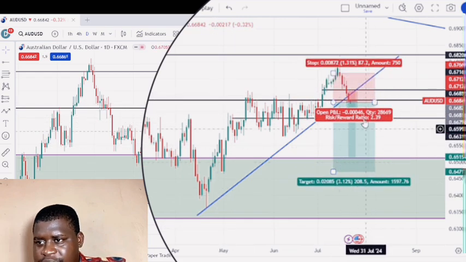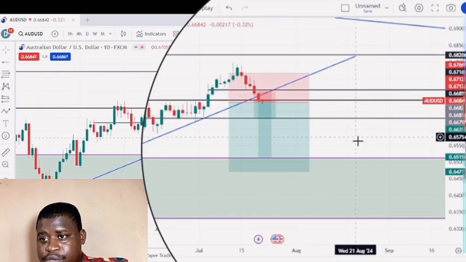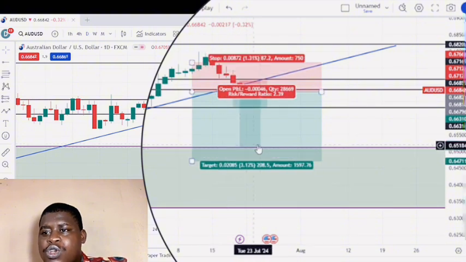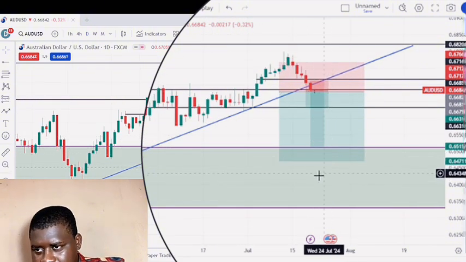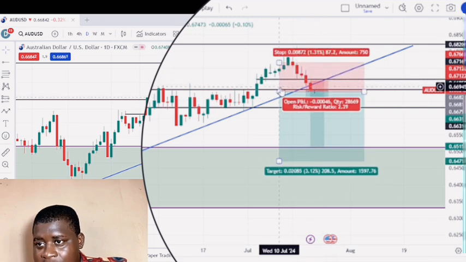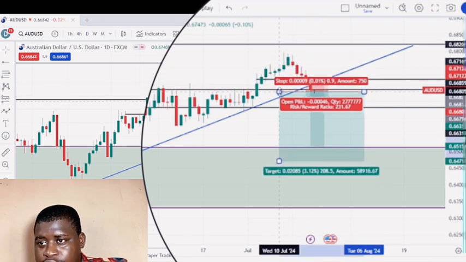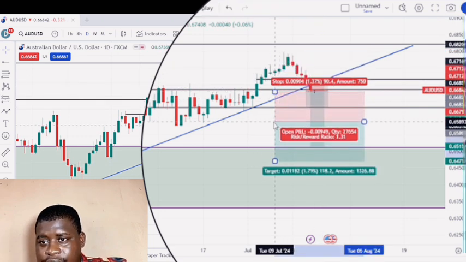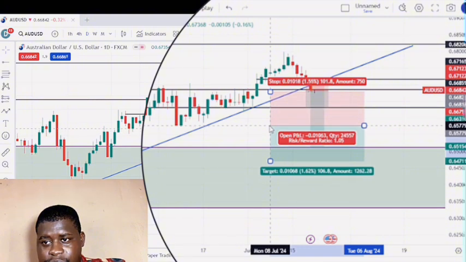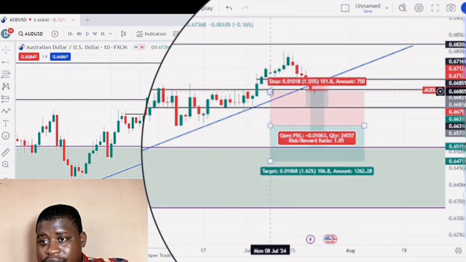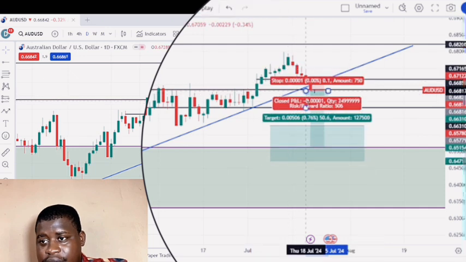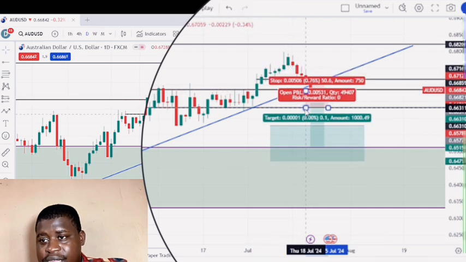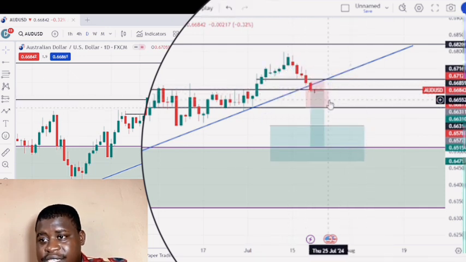This is how I will manage the trade. Once the market is able to escape this region, I will move all my stops down here. And mind you, guys, this might take months before I achieve this, okay?